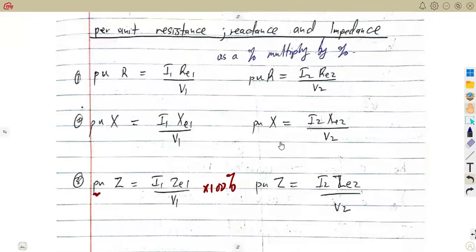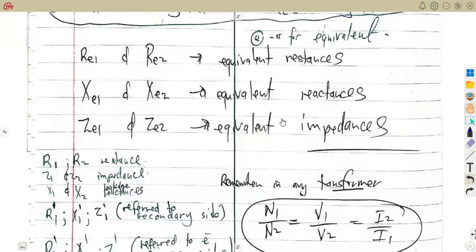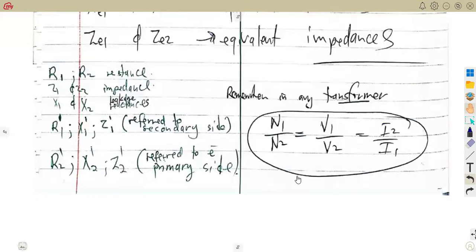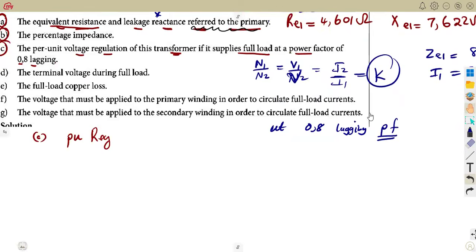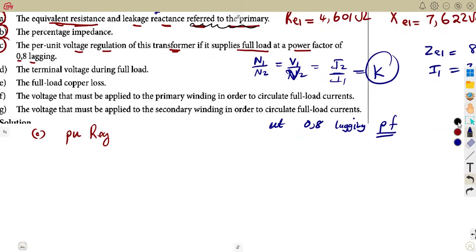We're just going to work on that formula. If you still remember when we considered this regulation, I worked on that in a separate class, so make sure that you watch that video so that you do not have confusion when dealing with the regulation. So the per unit regulation is given based on what we just calculated.